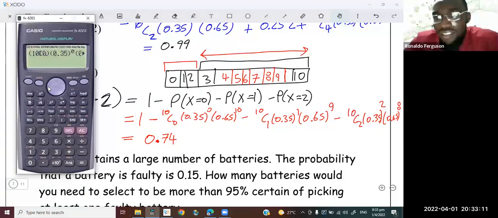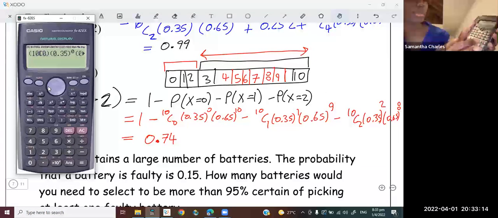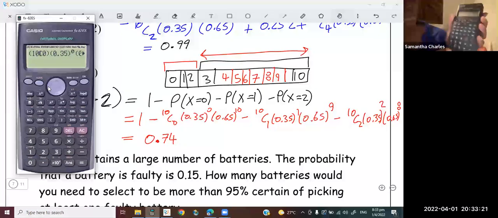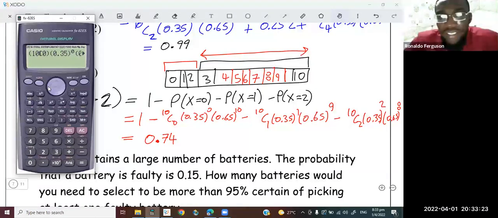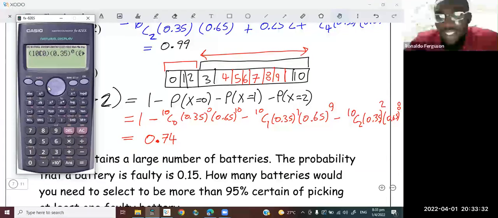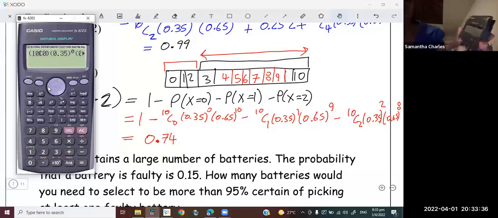Times 0.65, close the bracket, raised to the 10, bracket the 10. You have to bracket everything in your calculator. That's it.